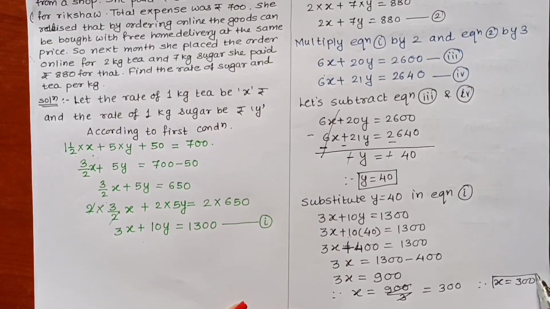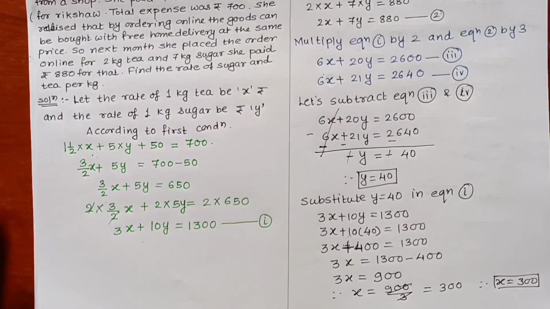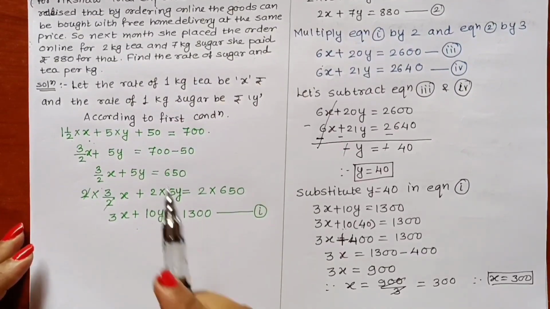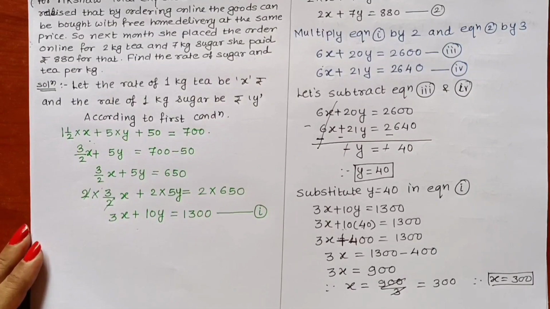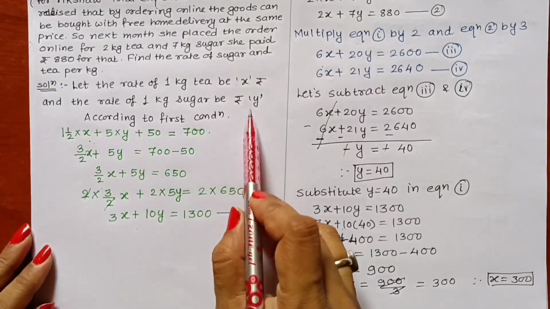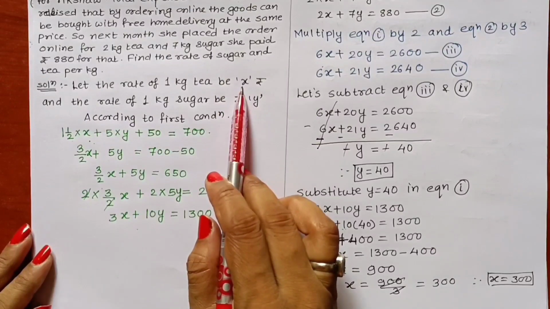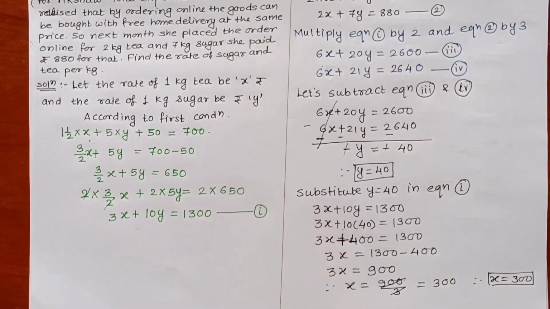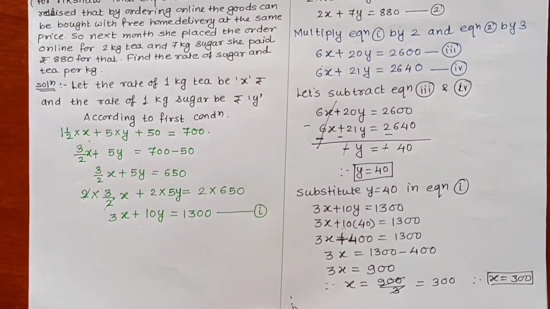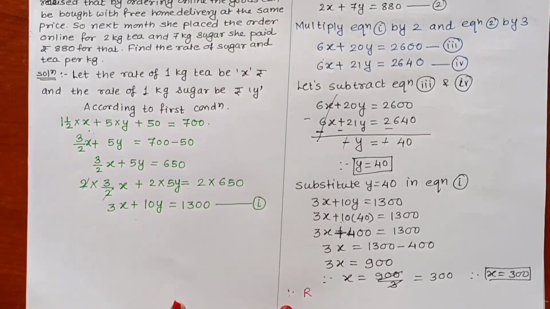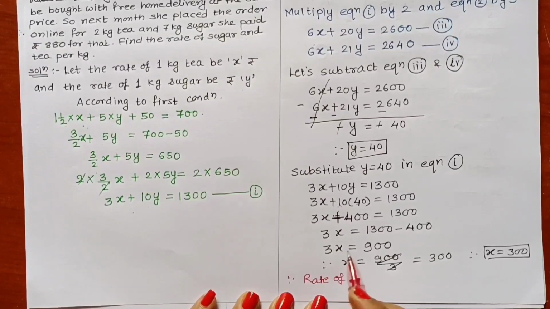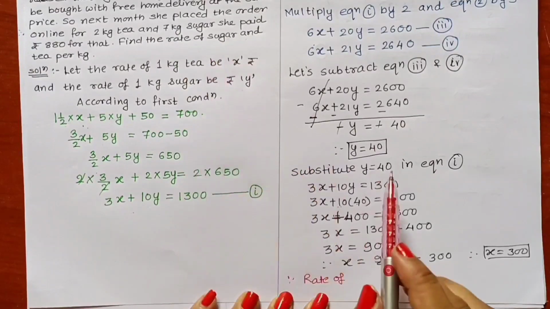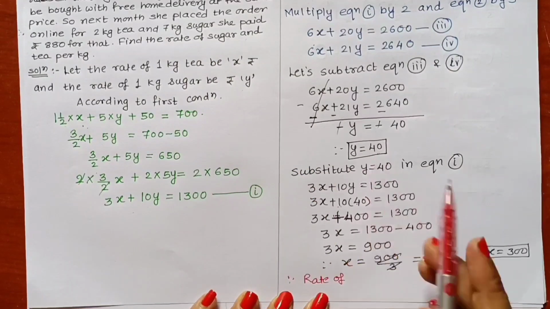So in this way we have got the values of x and y. Now we can write the answer statement. We have to find the rate of sugar and tea per kg. For sugar we have taken y rupees and for tea we have taken x rupees as the rate per kg. Therefore, the rate of sugar, we have taken y, okay?